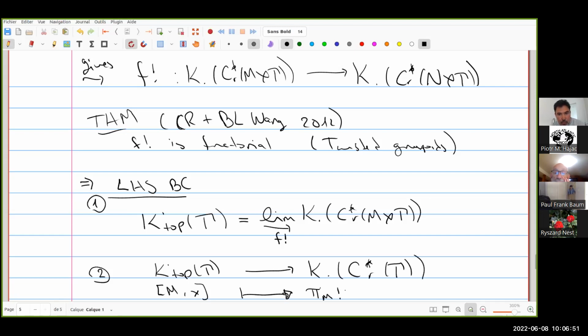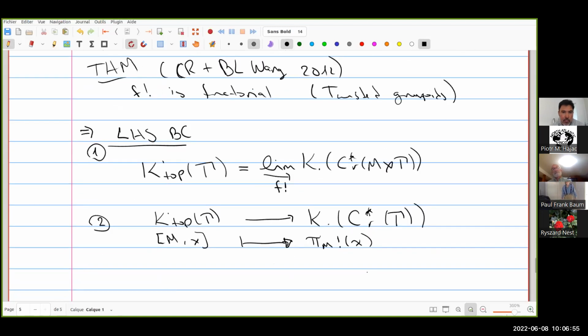In fact, this is already called like this in the original papers of Baum and Connes. They gave the fundamental idea of defining this exactly as gamma-equivariant indices. So this is the assembly map. As a corollary of the functoriality, you can assemble the groups and define the assembly map. These two are corollaries of the functoriality.